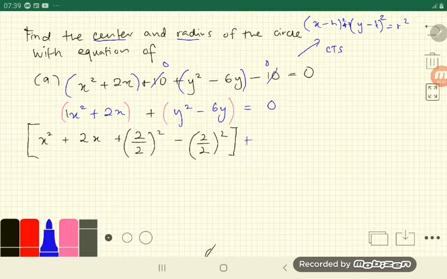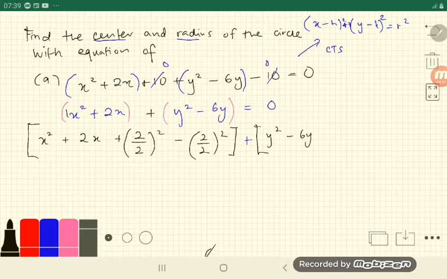Then let us look at the other part, where we get y squared minus 6y. The value of b now is negative 6. So you add negative 6 divided by 2 to the power of 2, plus negative 6 divided by 2 to the power of 2.